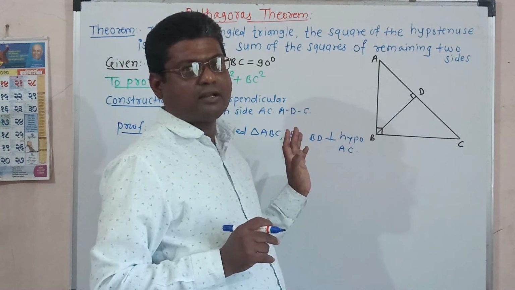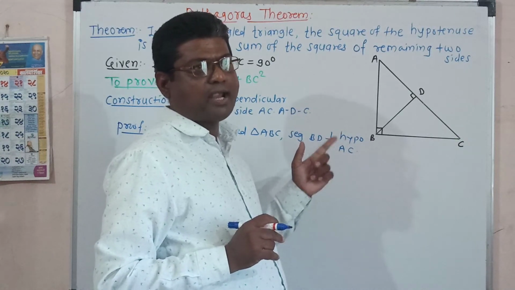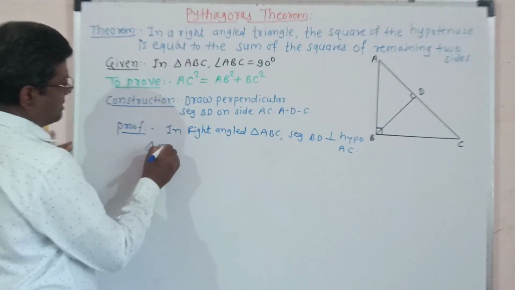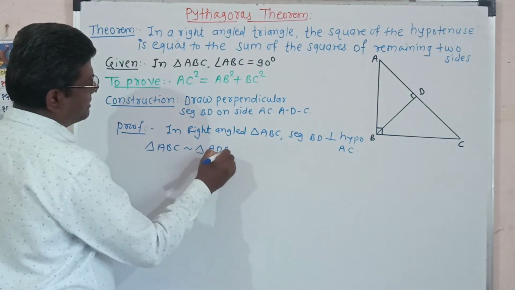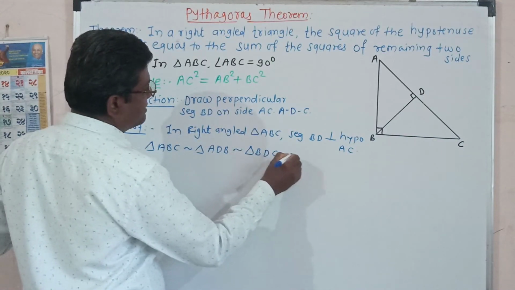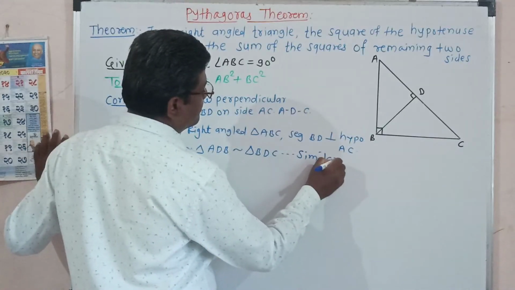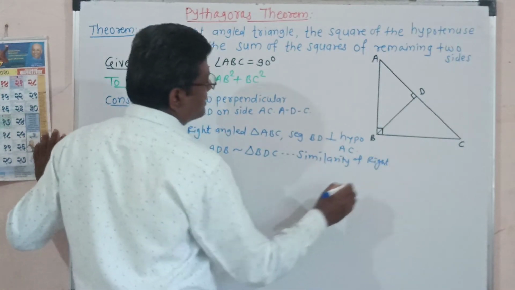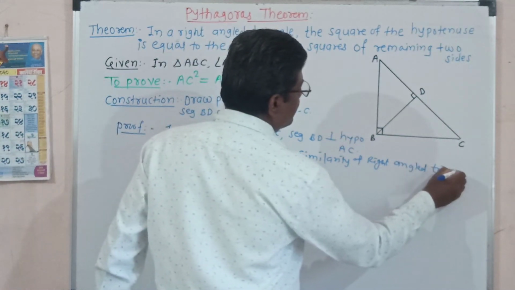These three triangles are similar to each other because of similarity of right angled triangles. So we write triangle ABC is similar to triangle ADB is similar to triangle BDC, and reason is similarity of right angled triangles.